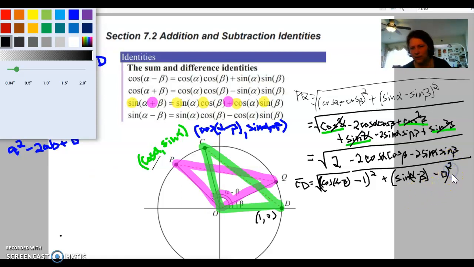All right, so again, we're going to use that squaring identity to square all of this. So we have cosine squared of alpha minus beta minus 2 cosine alpha minus beta plus 1.